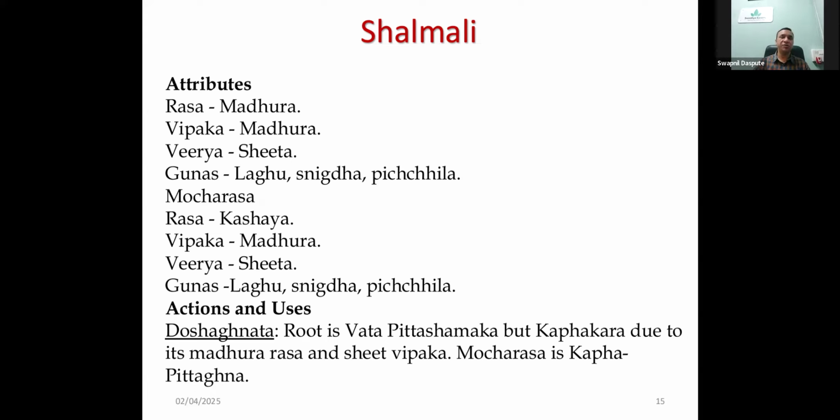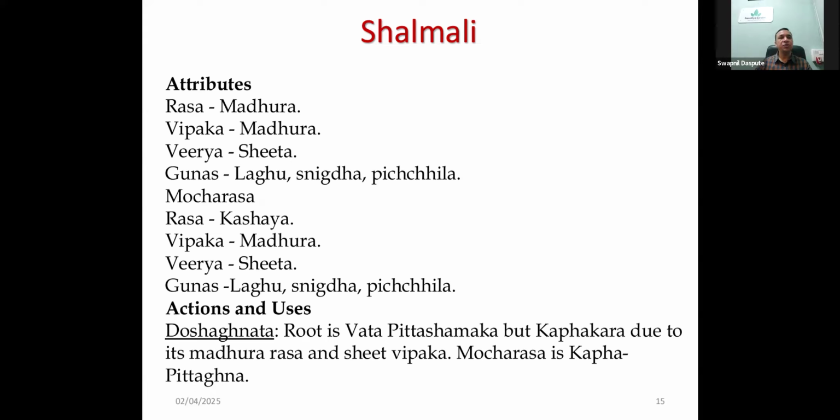So the other parts of Shalmali are Madhura, whereas the resin is Kashaya, Vipaka is Madhura, Virya is Shita, Gunas are Laghu, Snigdha, and Pichila. So the rasa of Mocha is different from that of the other parts of Shalmali. Actions and uses. Because of Kashaya rasa, Mocha rasa has different uses.